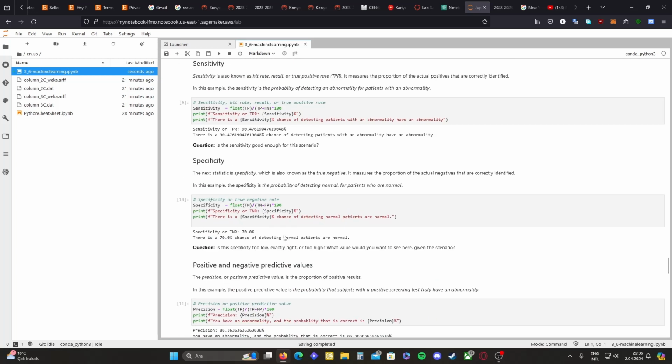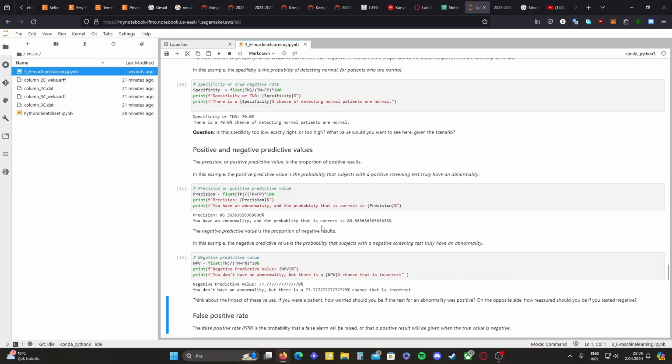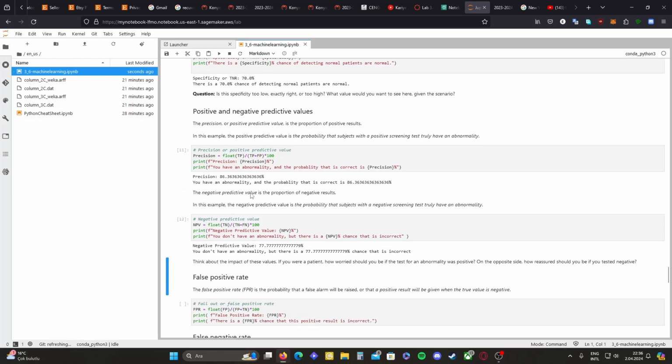So for example, we have 90% sensitivity for detecting an abnormality for patients with an abnormality, and 70% probability for detecting normal patients as normal, and so on.